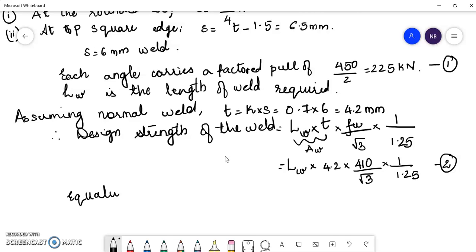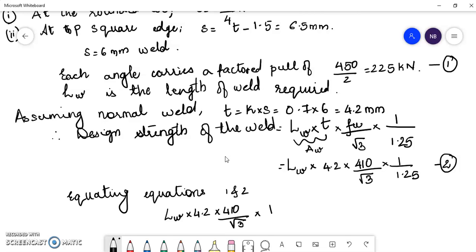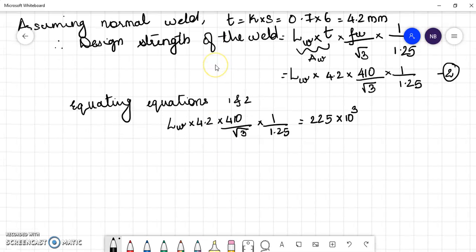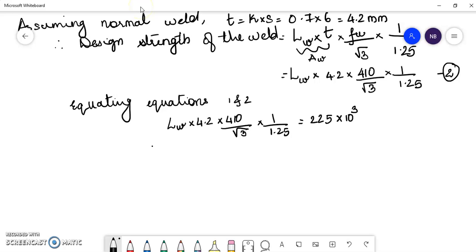Equating equations 1 and 2, we get LW into 4.2 into 410 upon root 3 into 1 upon 1.25, equals 225 kilonewton. Since everything is in Newton, I am multiplying this by 10 to the power 3. From this I get the length of the weld required is 283 mm.